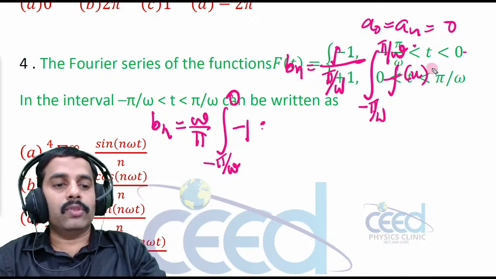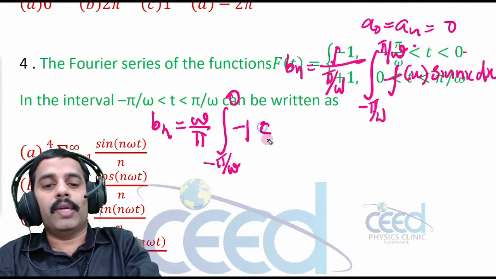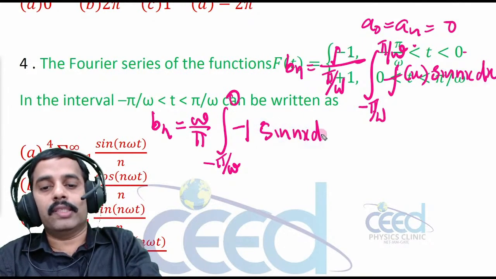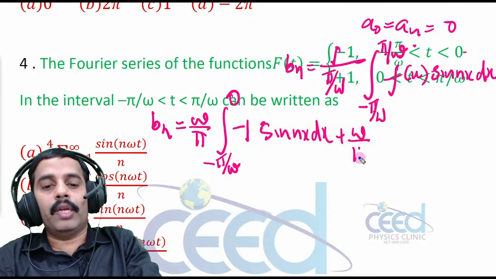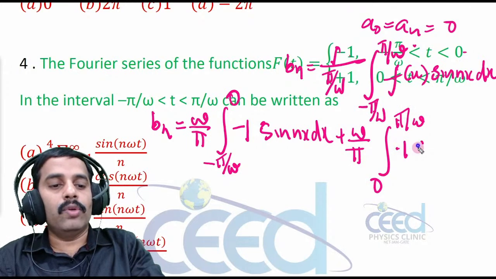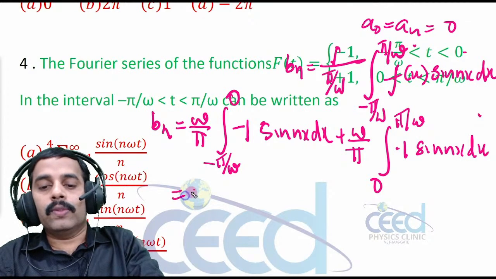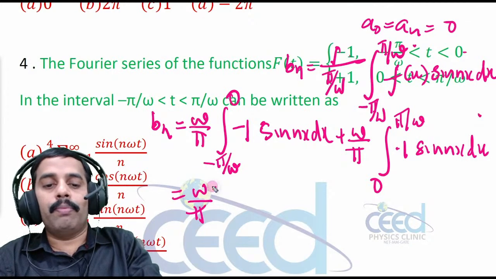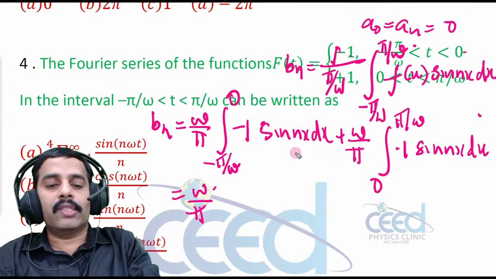So sin n x dx we have, all right? So that is minus 1 sin n x dx plus omega by pi into 0 to pi by omega. There the function is plus 1. So 1 into sin n x dx, all right? So when I am integrating, what is the value of sin nx on integrating?